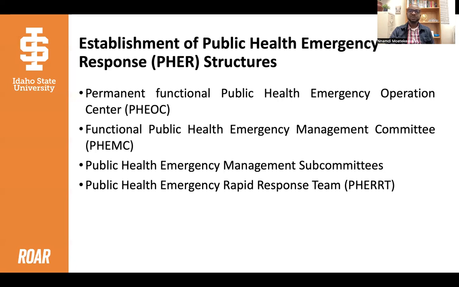And this committee should be headed by the highest political office holder in the particular jurisdiction. So the public health emergency management subcommittees also should be in place, and the public health emergency rapid response team should also be set up. And we shall talk more about the functions of these various committees and teams shortly.